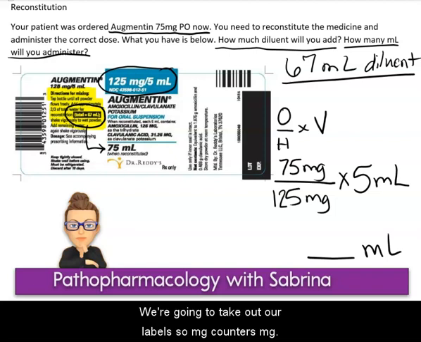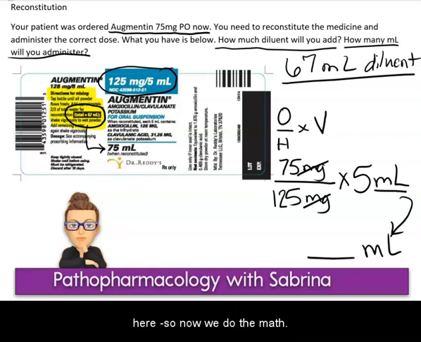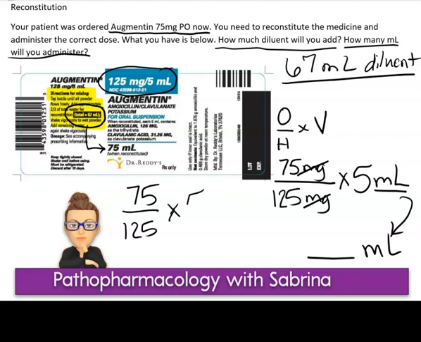We're going to take out our labels, so milligrams counters milligrams, and now all we're left is milliliters, which is what we want right here. So now we do the math, which is the 75 divided by 125 times 5.